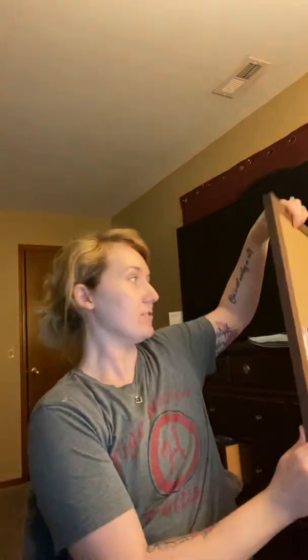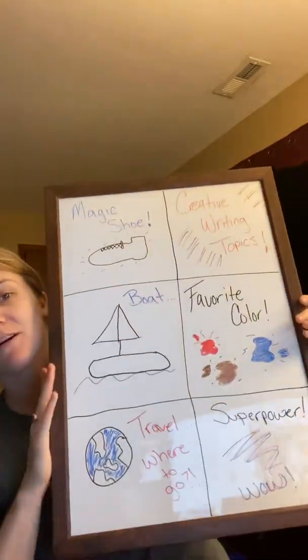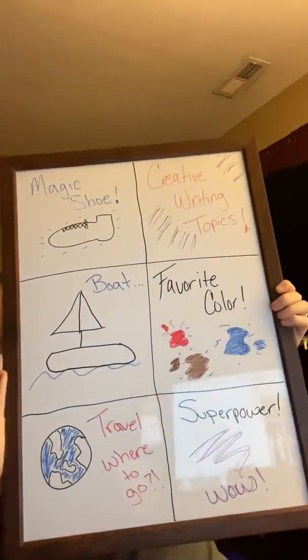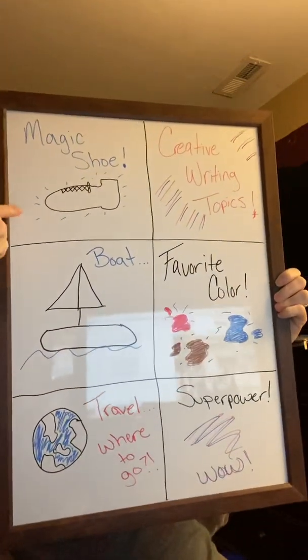And that gives them a little bit of freedom in what they want to do as far as their subject goes. And with that, I actually have a little creative writing board, and I am not an artist by any means, but each of the topics are on here.